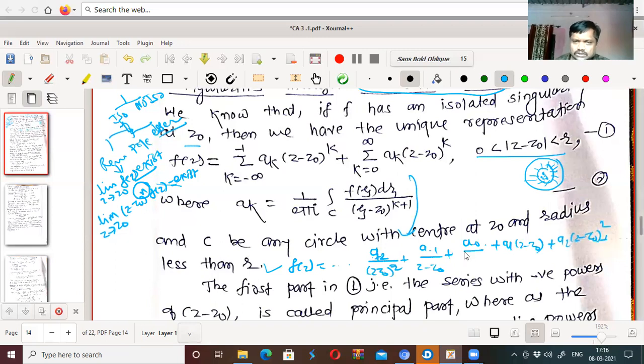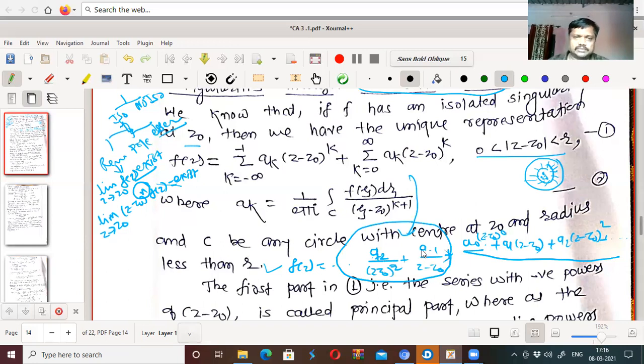This is infinite. So this whole part containing non-negative powers of z minus z0, that means here z minus z0 to the power 0 is there, is called the analytic part or regular part, and the part with negative powers of z minus z0 is called the principal part.